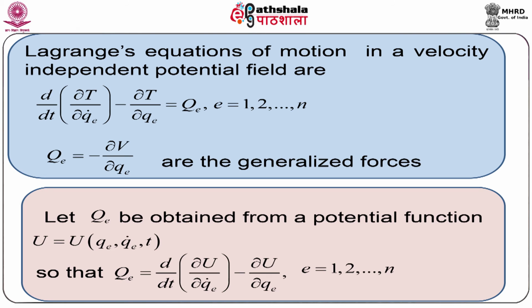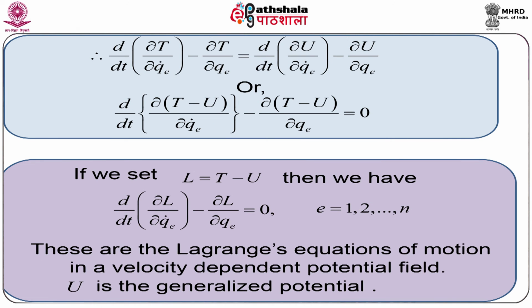If we substitute this here, we get the Lagrange's equation of motion in this form. This equation can be written in this way. We have just shifted the right hand terms on the right hand side into the left hand side. This term and this term have been written here, and this term and this term have been written here.